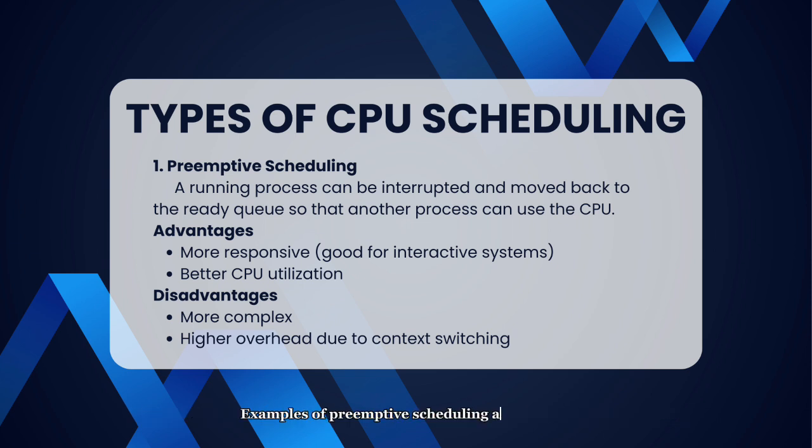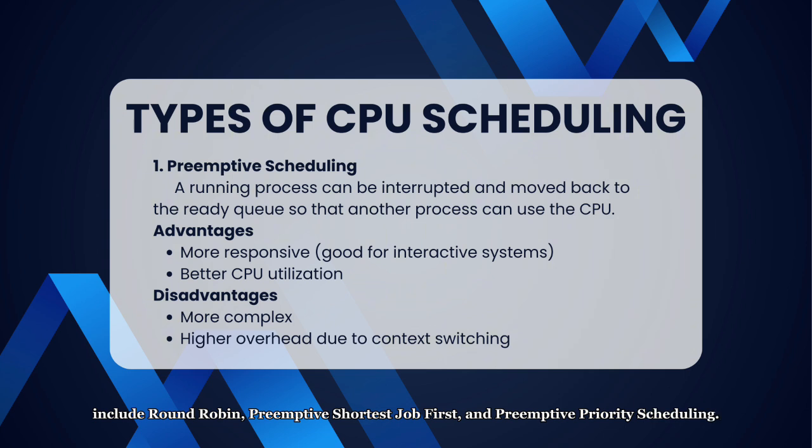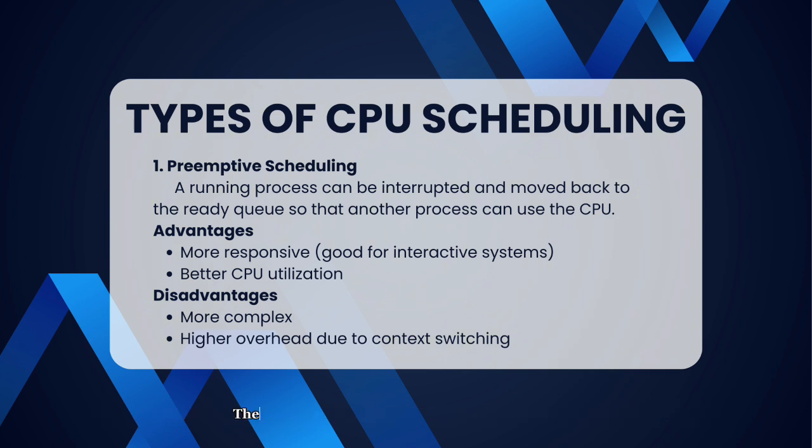Examples of preemptive scheduling algorithms include round-robin, preemptive shortest job first, and preemptive priority scheduling. The advantages and disadvantages of preemptive scheduling: it is highly responsive and improves CPU usage. However, it's more complex and causes overhead from frequent context switching.